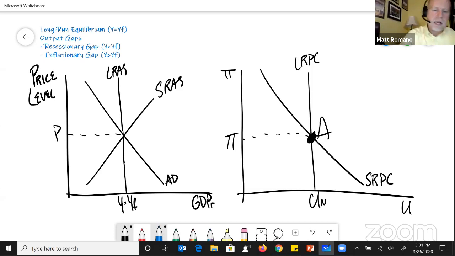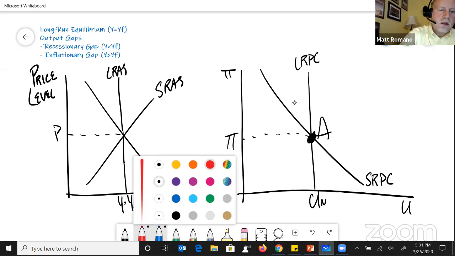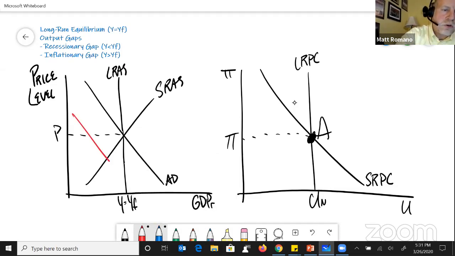What about a recessionary gap? I'm going to switch colors here. A recessionary gap, as you know, is going to exist when our current output level, we'll call it Y1, is less than full employment output.